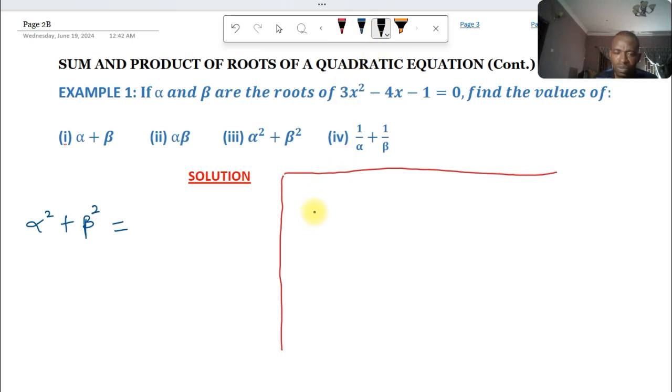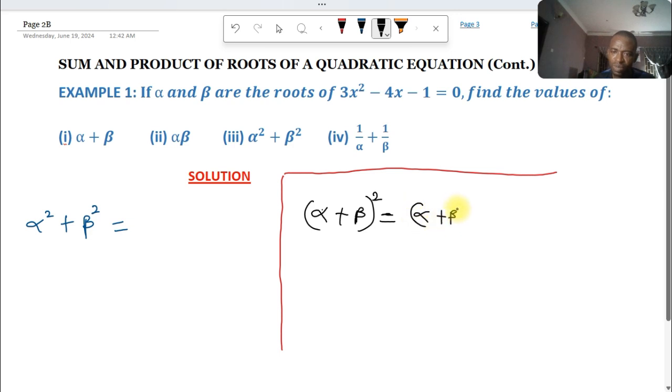Remember that in our algebra we are familiar with alpha plus beta all into bracket then squared. This simply means that you should multiply alpha plus beta, the content in the bracket, by itself twice. Alpha plus beta, that is the meaning of the squared.